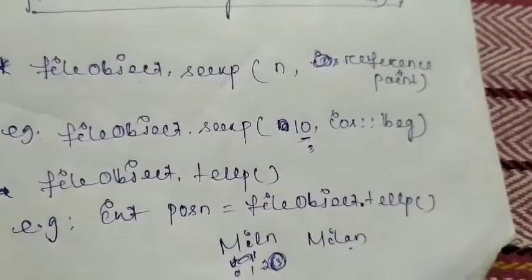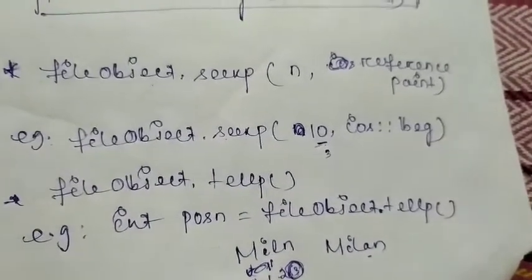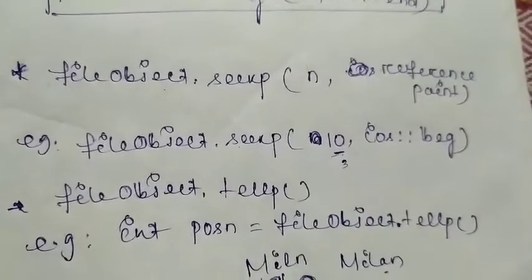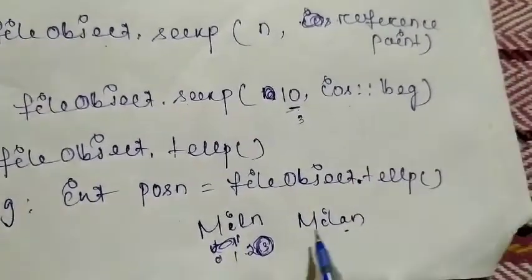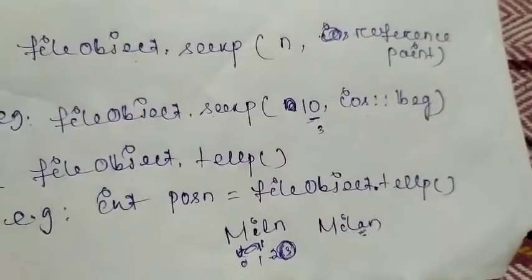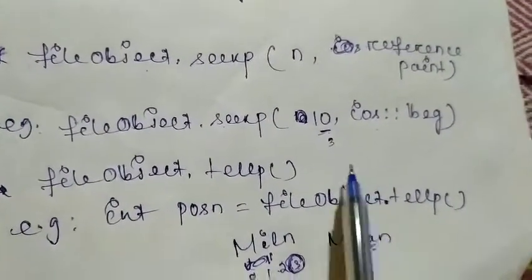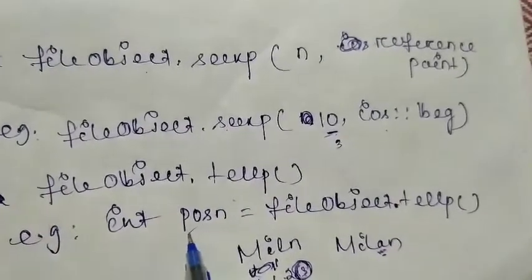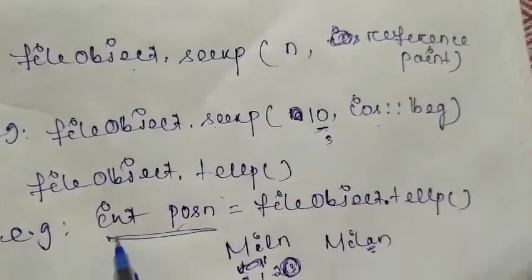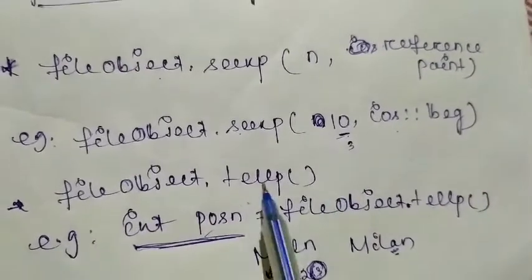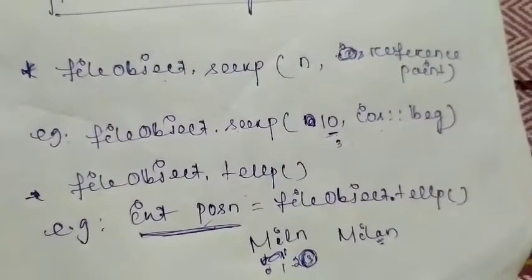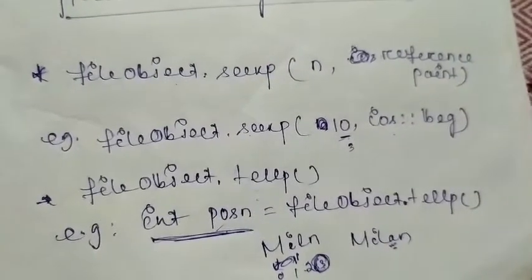and by using the write operation, as I have already told you about how to read and how to write in a file, you can write at this point. And the use of tellp is like this. First you have to take a position variable, as the pointer will return some value. Whatever it returns, you have to store in some variable.